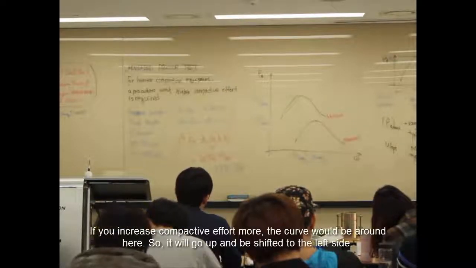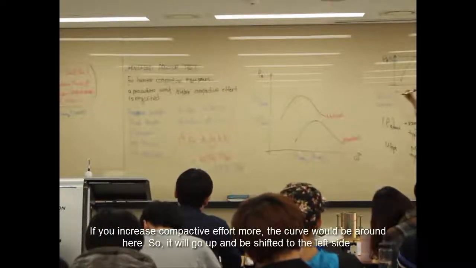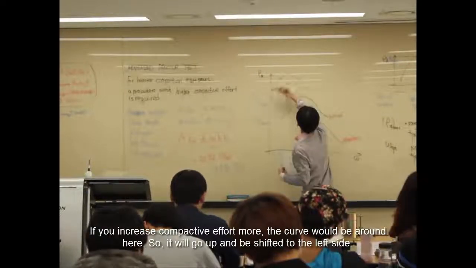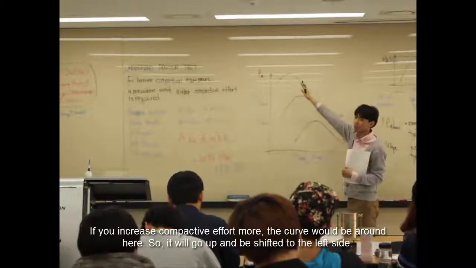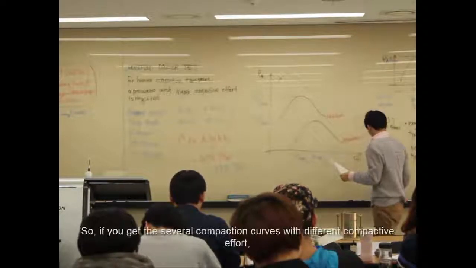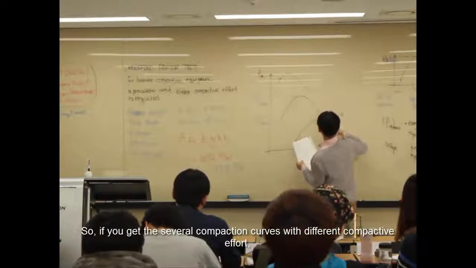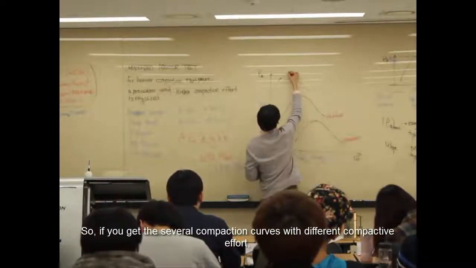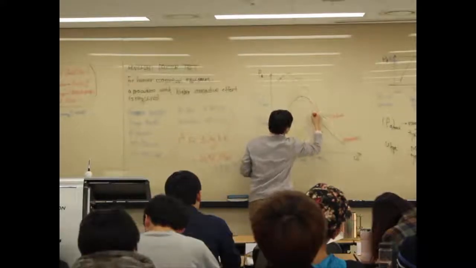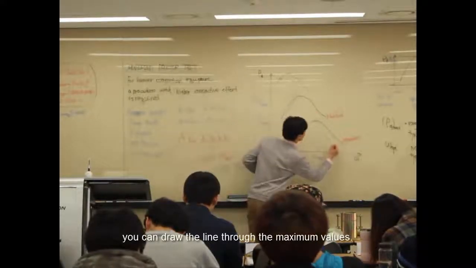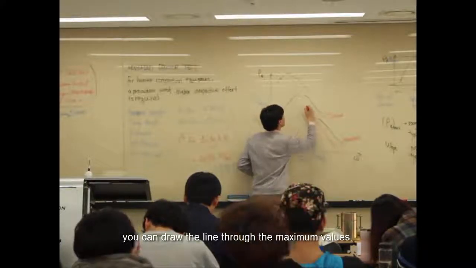And if you increase the compactive effort more, the curve will be around here. So it's going to go up and shift to the left side. So if you get several compaction curves with different compactive effort, you can draw the line through the maximum values.